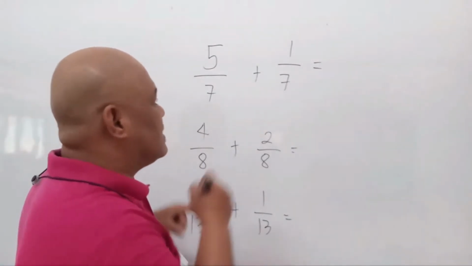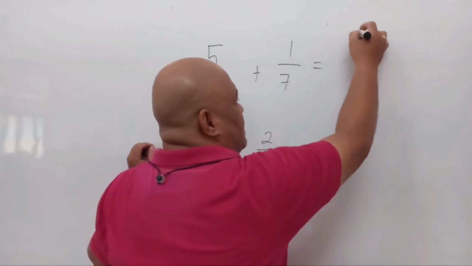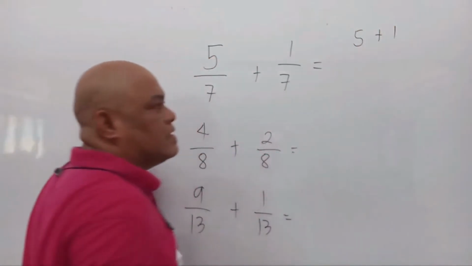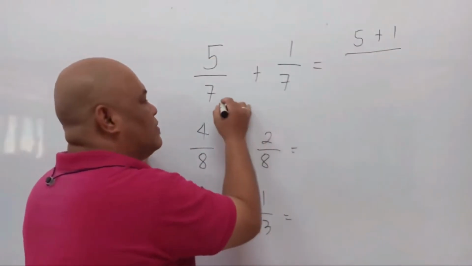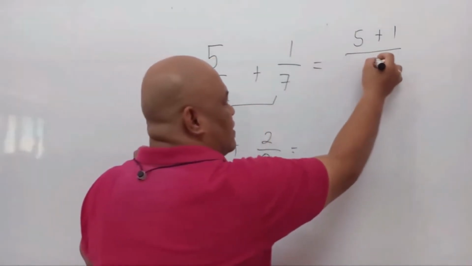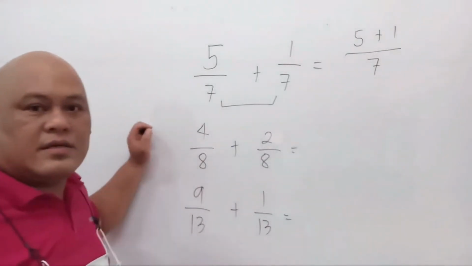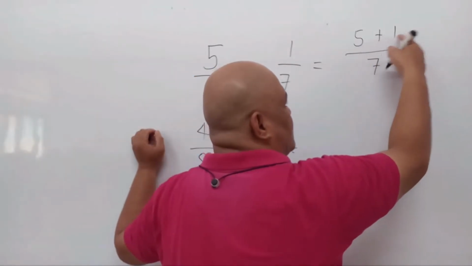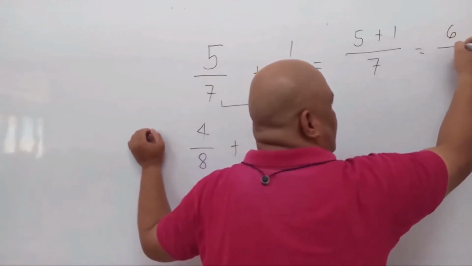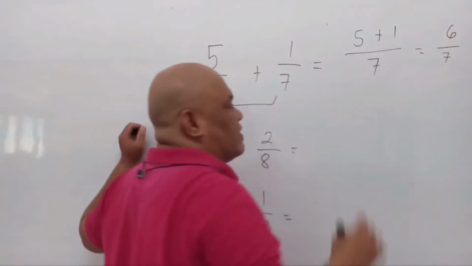It's simply like 5 plus 1, and then you have to copy the denominator. The answer is 5 plus 1 is 6 over 7.